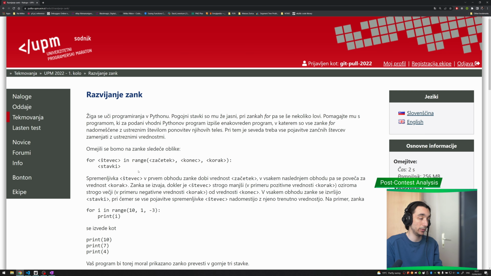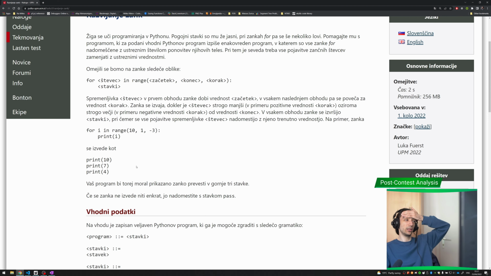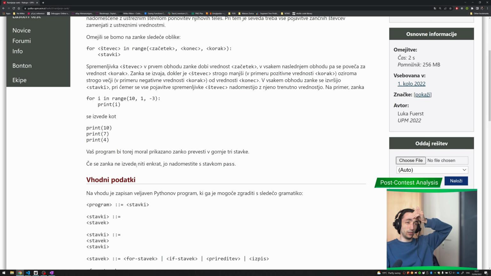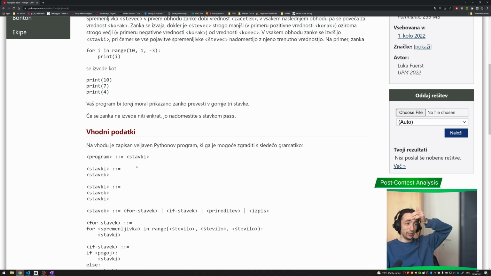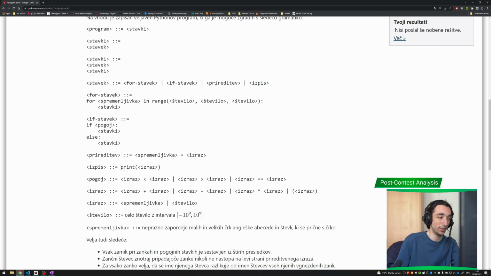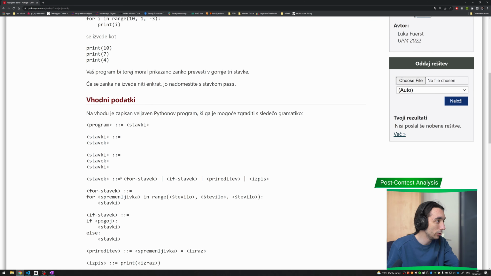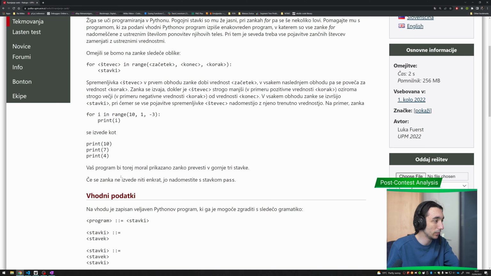The last problem. When you take a look at this, I'm not going to really try. Okay, you are given some valid code, first of all, some valid Python code.